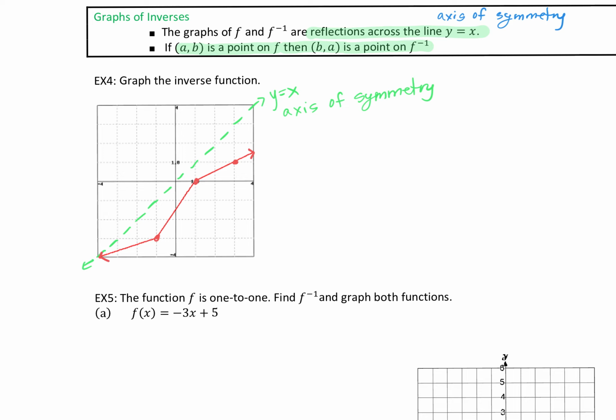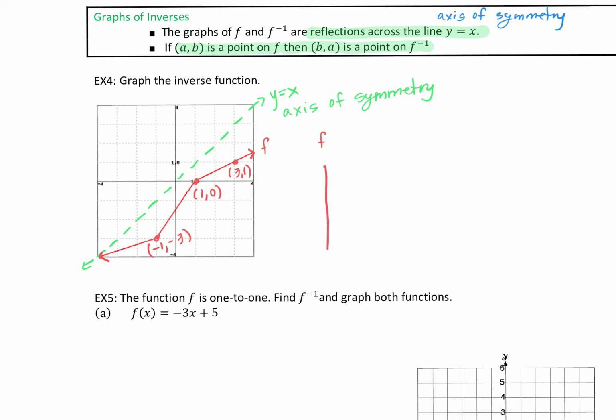This first one is going to be (3, 1). And then I have (1, 0). And it looks like (-1, -3). So I have these 3 points on my graph of f.